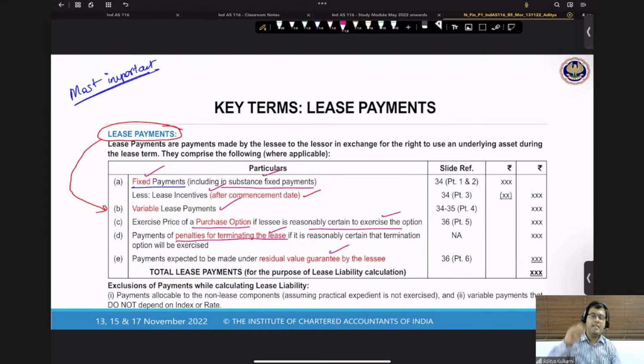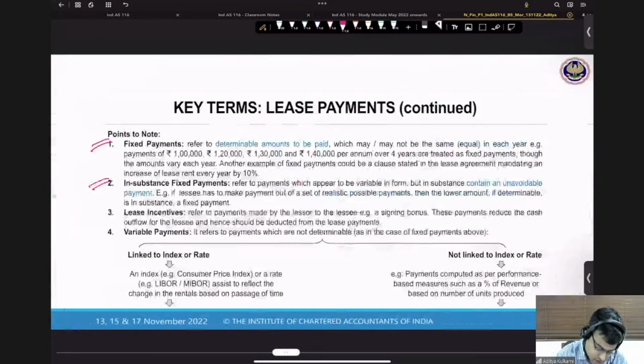Whatever be the gap between the estimate and that value, that is known as residual value guarantee, which will flow from the lessee to the lessor, and that is why it will also become a part of my lease payments. Have you understood?